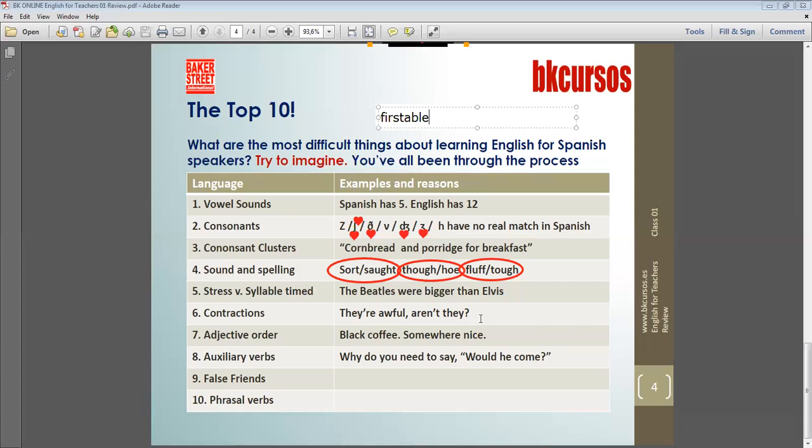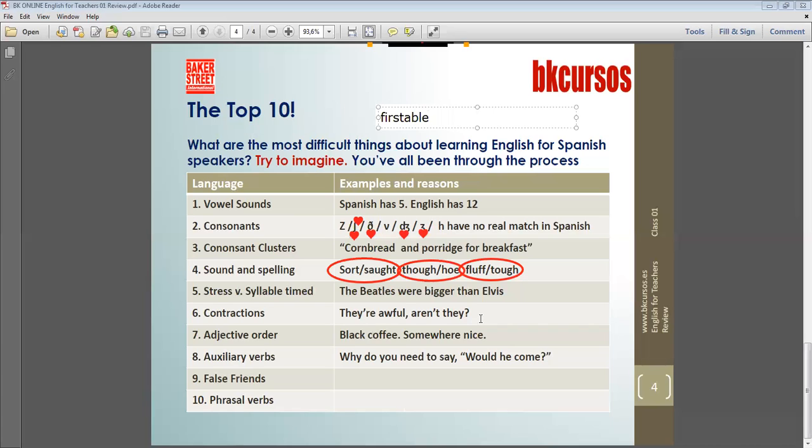And then our auxiliary verbs. Why do you need to say, would he come? Is this difficult to teach in your opinion, Monica? Yeah, we just literally translate. I think that's even a common mistake for me. So sometimes we don't use those.